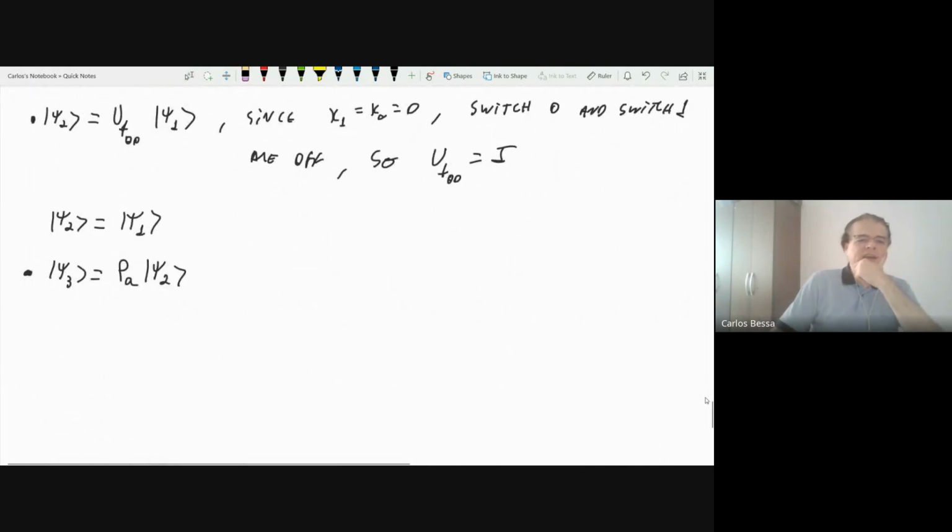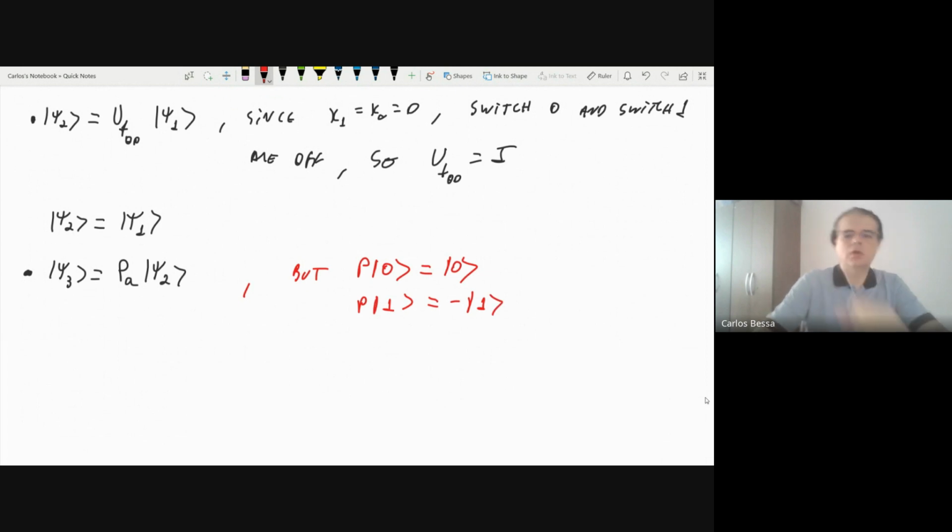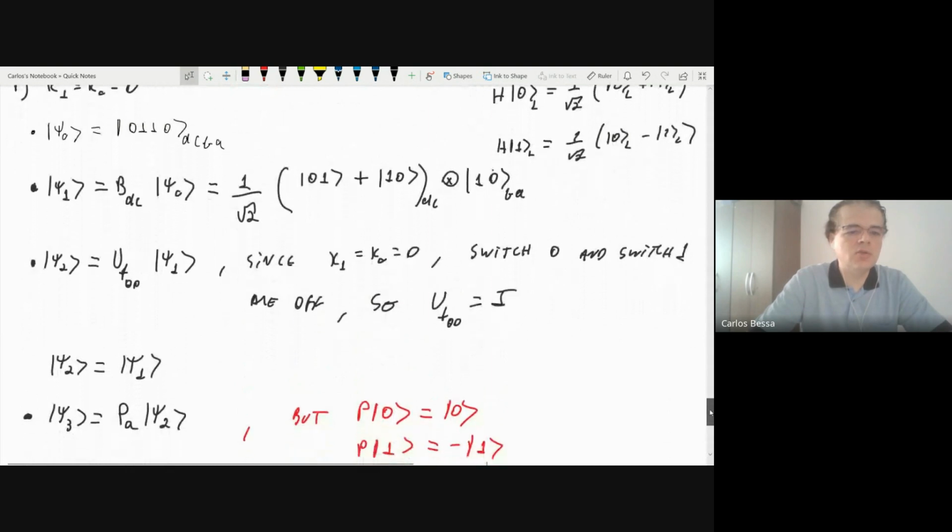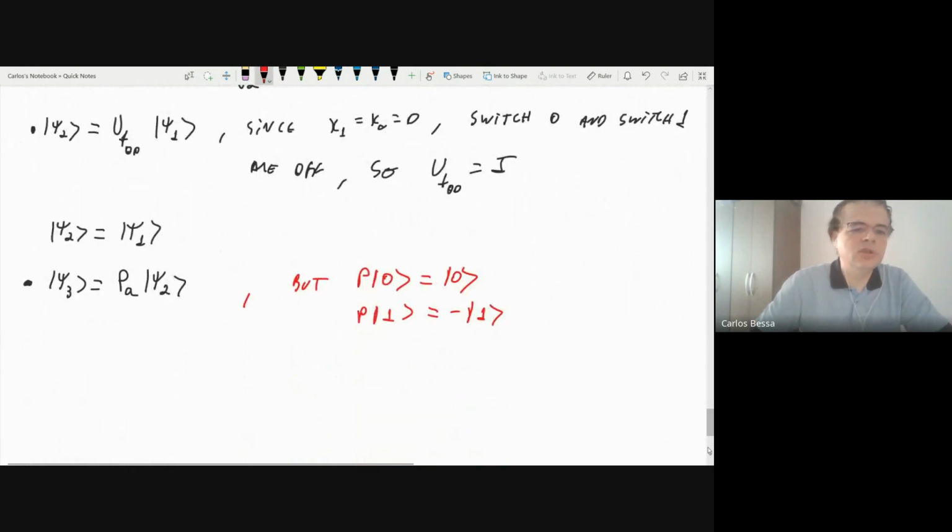So psi 3 is psi A. Just to remember, P when applied to the vacuum is just the vacuum. P when applied to the one state is -1 when the angle is pi. And then we have psi 3 is equal to PA psi 2.